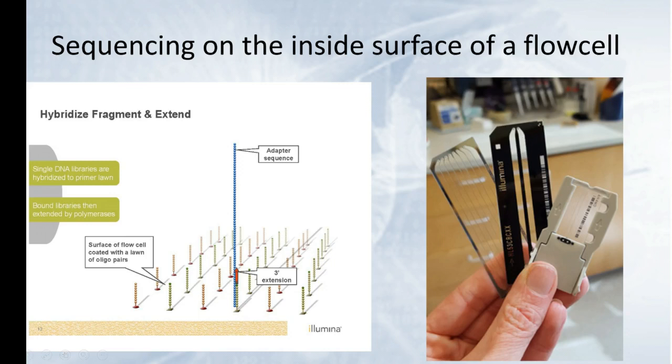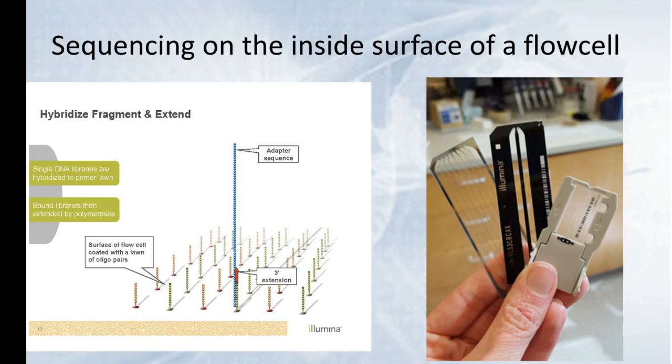This clear area here, you can see the bench through the slide. This clear area is actually a channel that's inside the glass, and if you look really closely, you can see there are pores here, and there's a pore down here under this person's thumb as well. There are pores on either end, and those ports allow for the passage of material through here, different solutions, to conduct the sequencing reactions.